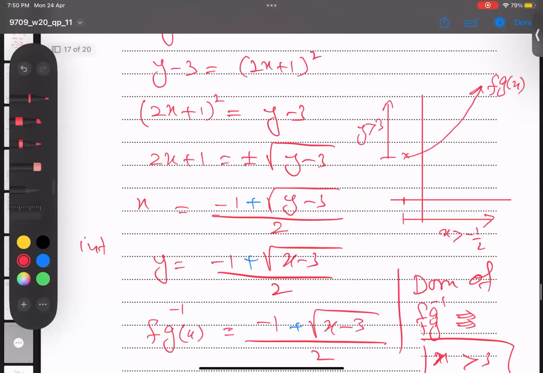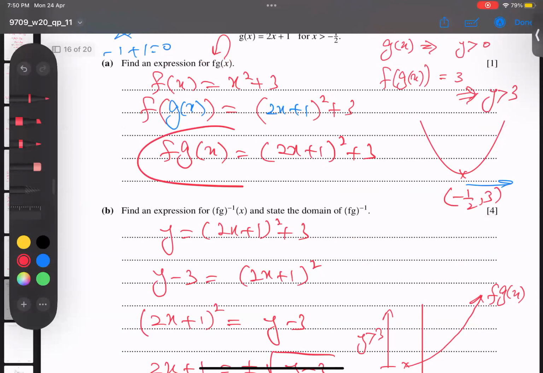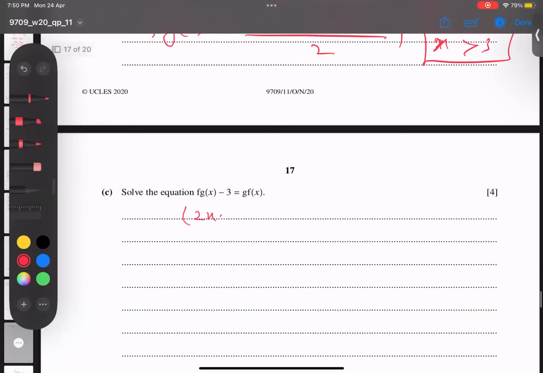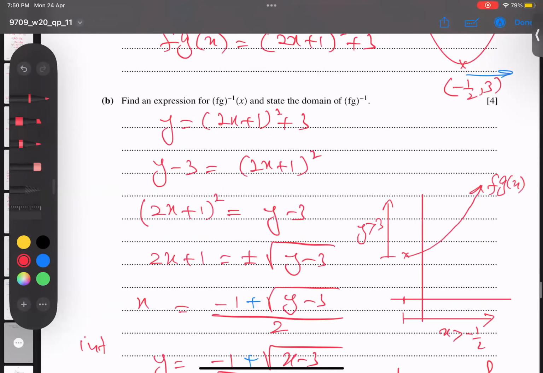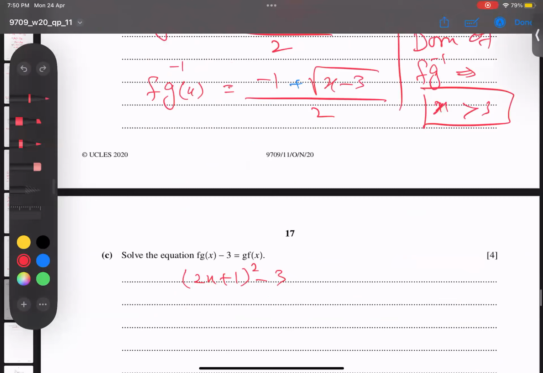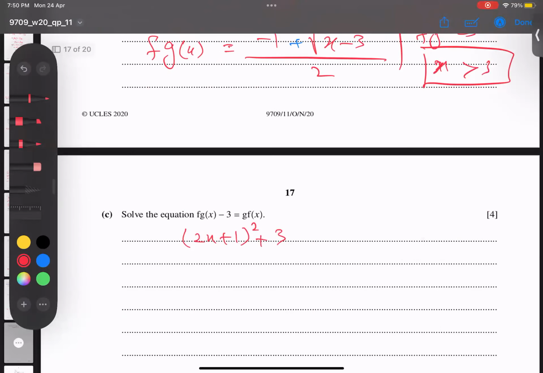Now same f g of x I have here already, 2x squared plus 1, and plus 3 actually. So I have f g of x, and plus 3 there, and now I'm putting g of x.